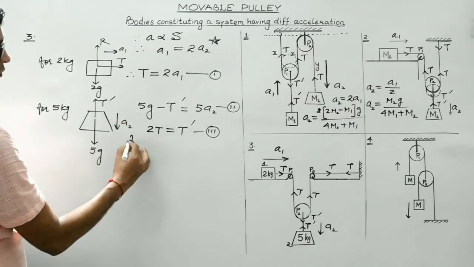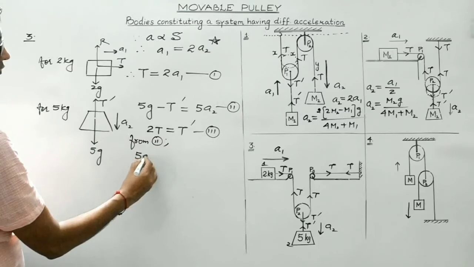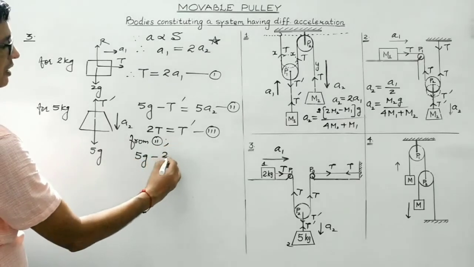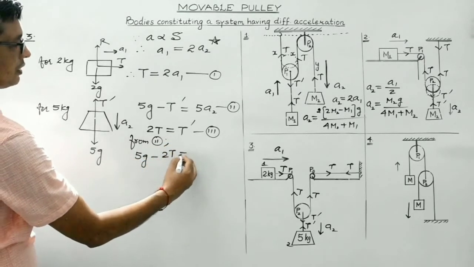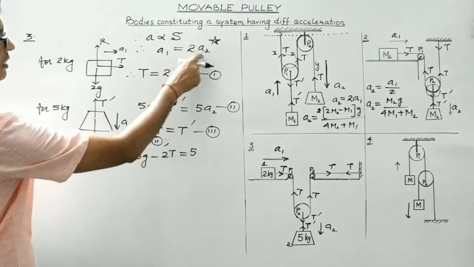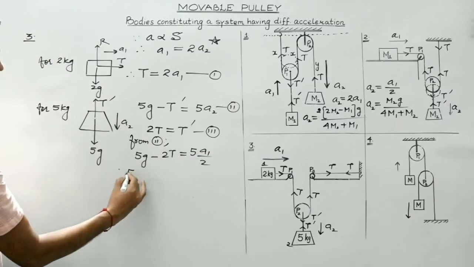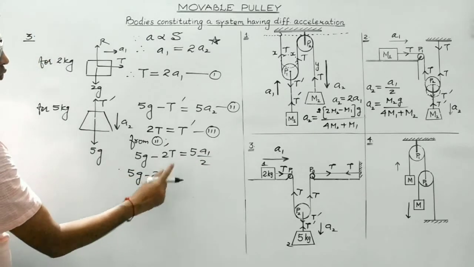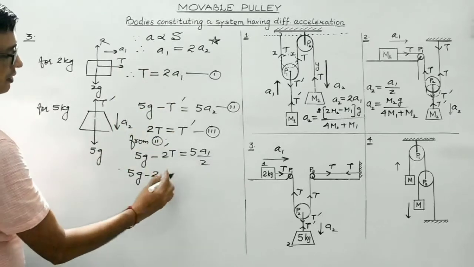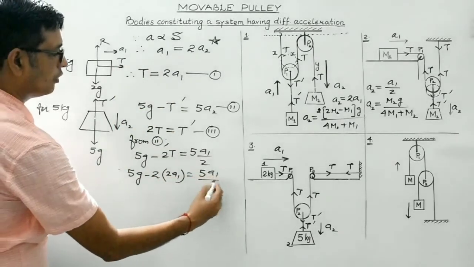So, from the second equation, 5g minus T dash can be written as 2T, which is equal to 5A2. A2 can be written as A1 by 2. Also, 5g minus twice T is twice A, which is 5A1 by 2.